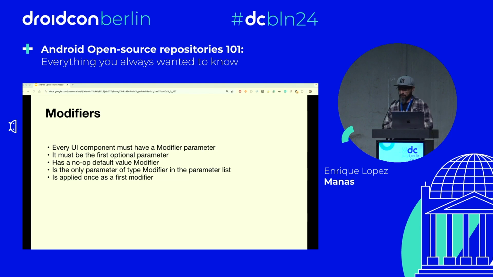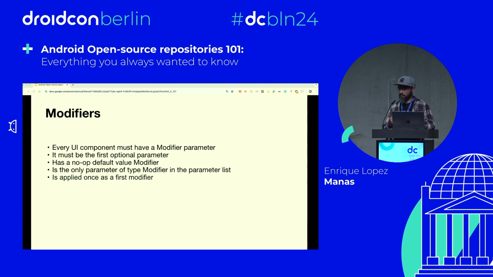Modifiers are our way to change the UI appearance of components. So every component should have a modifier parameter. It should be the first optional parameter. I think now you get a lint warning if you add it as the second one. It should have a no-operation default modifier, so if you don't specify anything, the standard modifier is going to kick in and provide the styling.